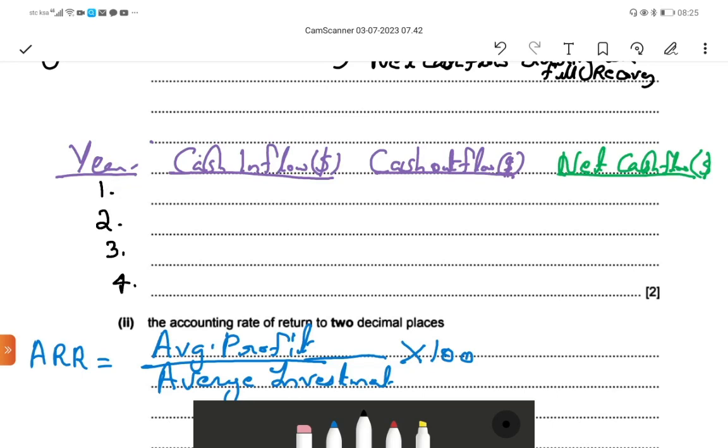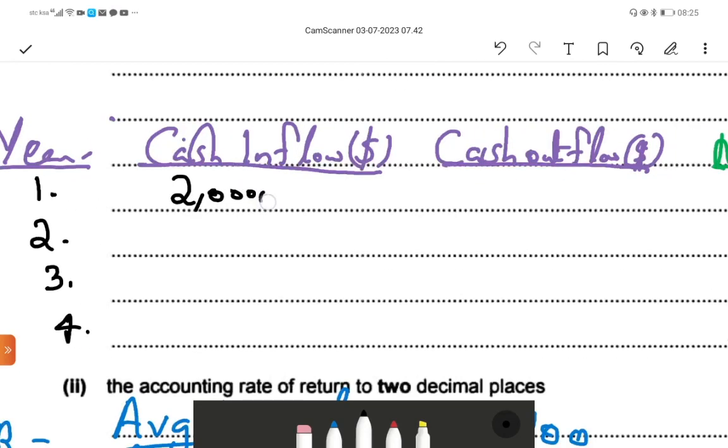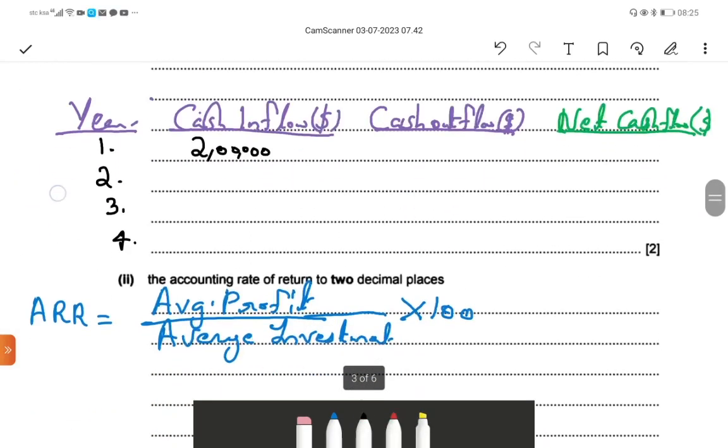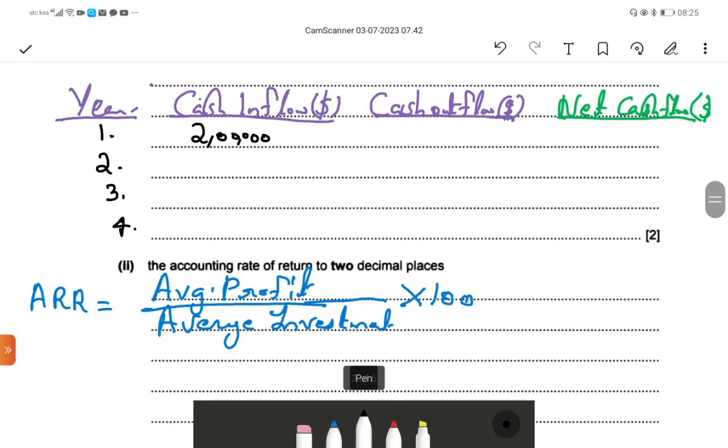Year 1, 2, 3, 4 cash inflow, they are given in the question: 200,000, 230,000, 240,000, 210,000.